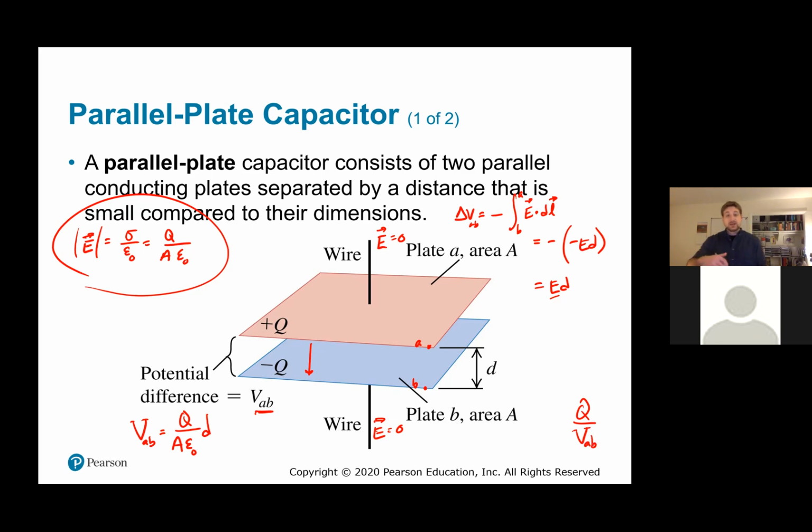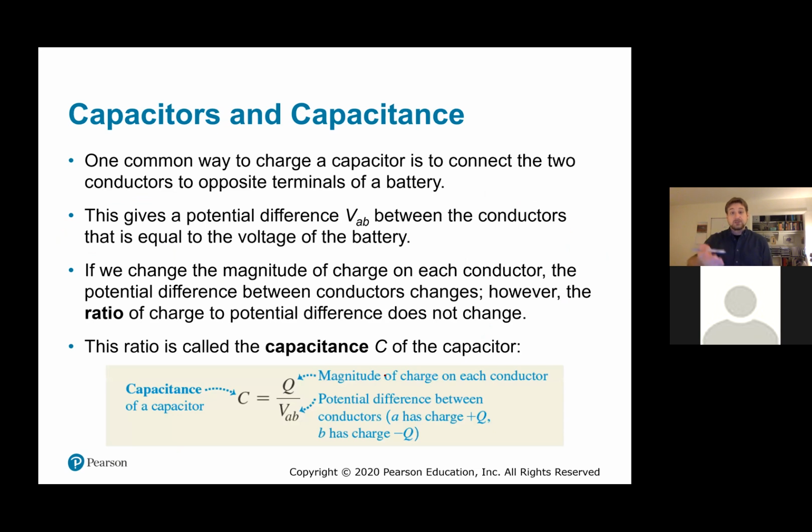If I'm able to set up a potential difference, V sub AB, how much charge can I store, positive and negative, on these plates? And if we rearrange, Q over V equals A epsilon over D, and that's how good this arrangement is at storing charge for a given potential difference between the plates. Let's define that as capacitance.